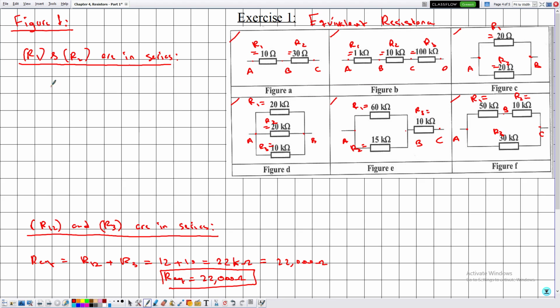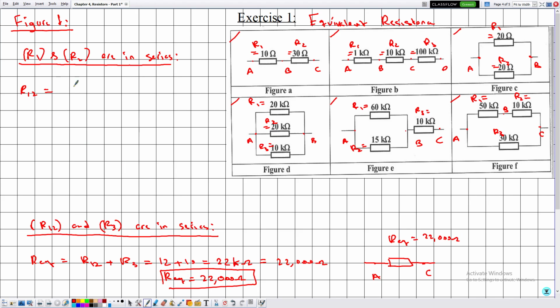In this case, the equivalent resistance will be denoted by R12. Sorry, here I didn't represent an equivalent resistance for figure E. The equivalent resistance will be like this. This is the point A, the point B will disappear, and this is the point C, and R equivalent in the SI is 22,000 ohms.